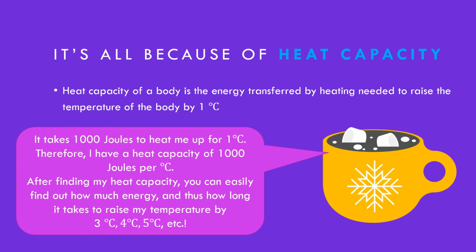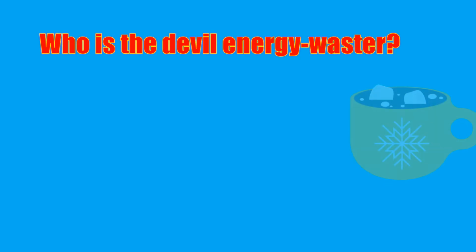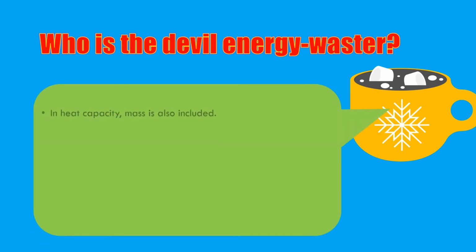It's useful to find heat capacity so you can easily find out how much energy and how long it takes to raise the temperature of a substance by other amounts of temperature. However, heat capacity can't help us find out the devil energy waster. That's because heat capacity is not fair. Heat capacity includes mass.